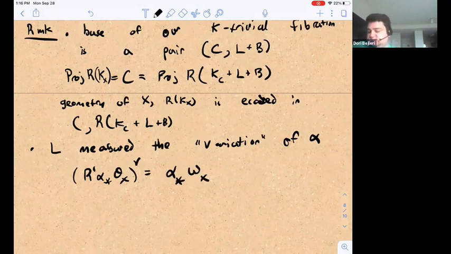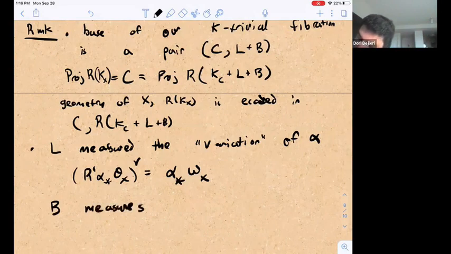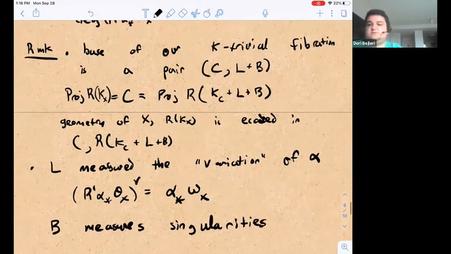And so this is something you should expect in general, that when you have these canonical bundle formulas, you have this piece L that measures how the Hodge theory is varying on your fibers. And then you have this piece B, which measures singularities. It's measuring these extra singular fibers, these multiple fibers. And that's another feature that these formulas have in higher dimensions as well. Okay, so I'll stop there for today.